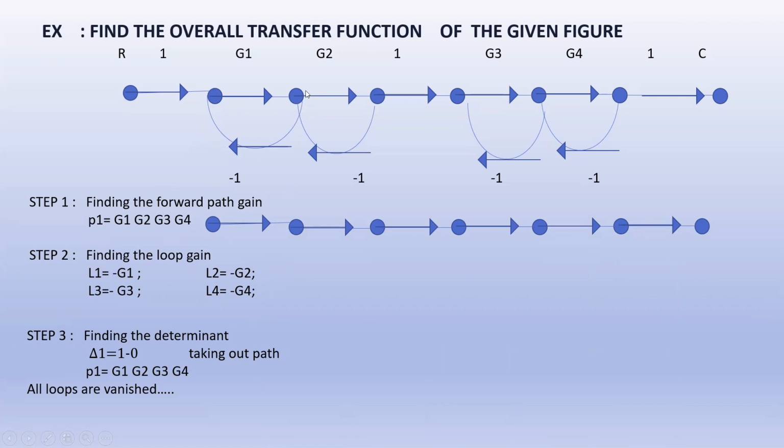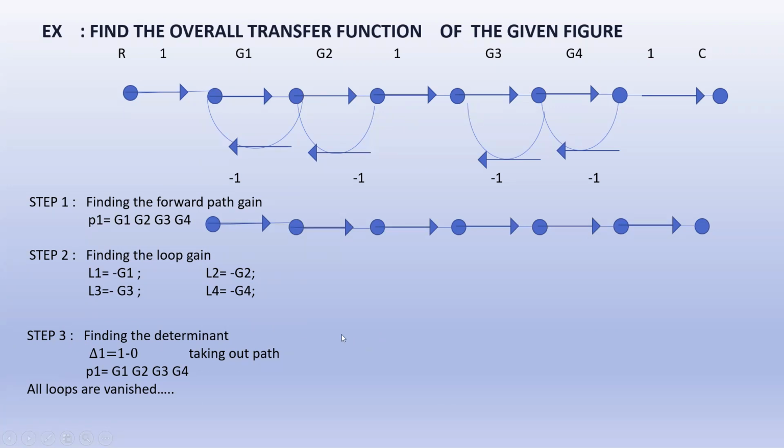Similarly, the loop gains of the second, third and fourth loops are minus G2, minus G3 and minus G4. We have written these 4 loops in step 2, and now we have to find the determinant of the isolated path.